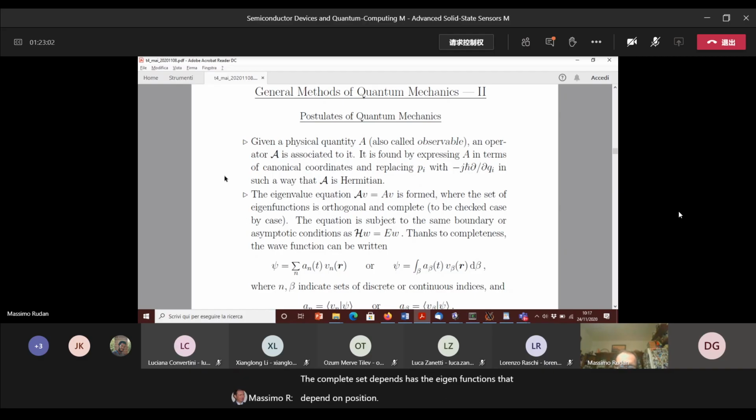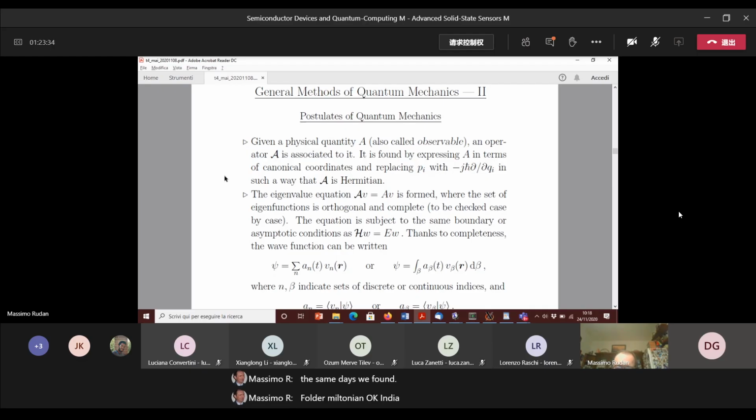So if we want to expand the wave function, the wave function, you remember, depends on position and time. So if we expand the wave function in a set of eigenfunctions that depend only on position, then the coefficients, of course, will depend on time.